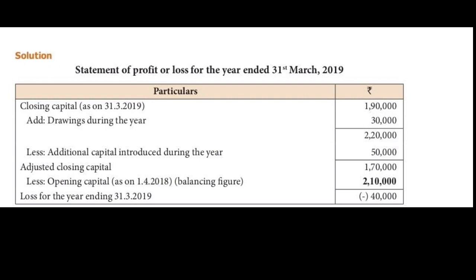Next, less opening capital, but we do not know what is the value of opening capital. So write the name opening capital as on 1/4/2018 and in the bracket we will write balancing figure because we are finding the opening capital.